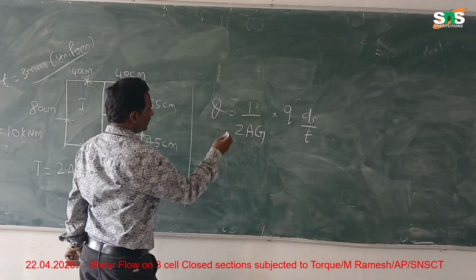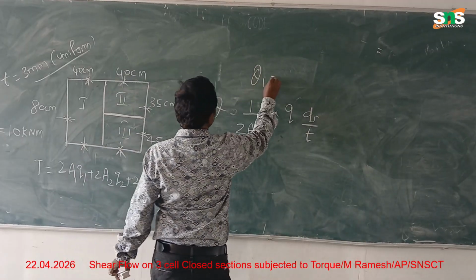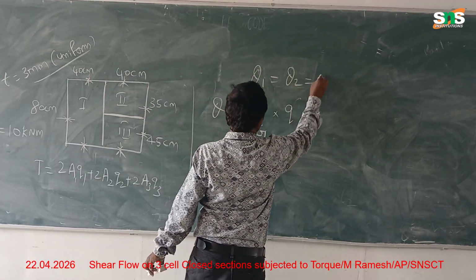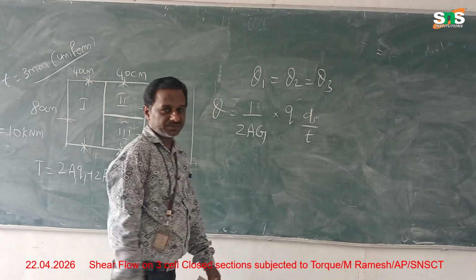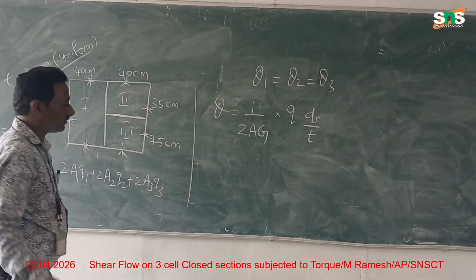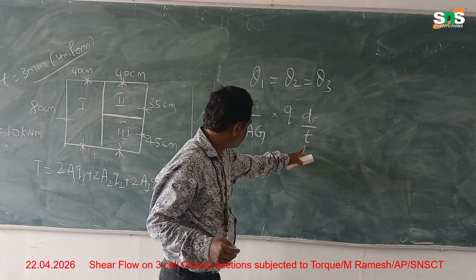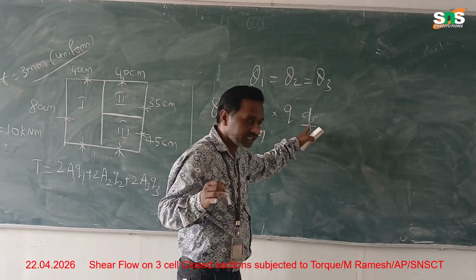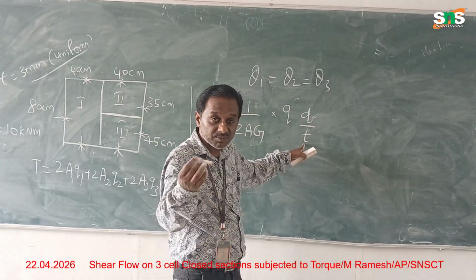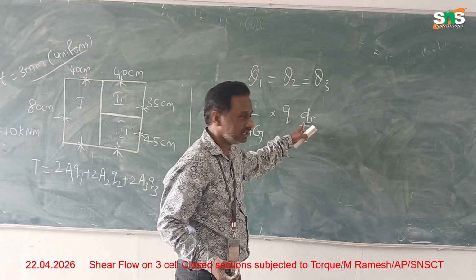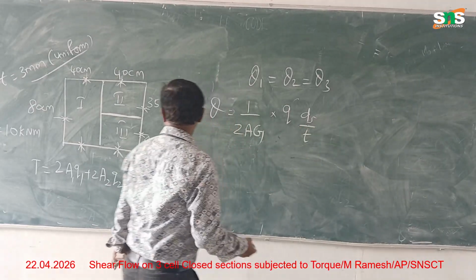The compatibility condition is theta 1 equal to theta 2 equal to theta 3. The main difference here is the perimeter and the thickness: you have to take the corresponding thickness and the corresponding perimeter. That is the very important thing.